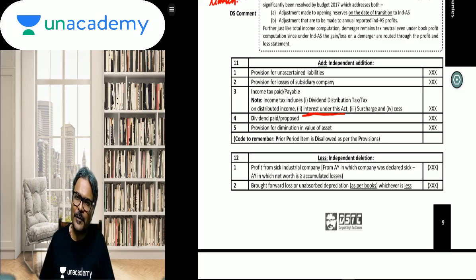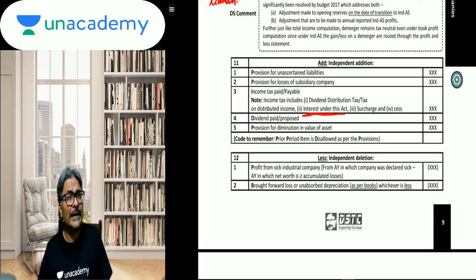Similarly, students, if you see point number 2, the provision for the losses of the subsidiary company. Now, as far as the subsidiary company, students, one thing you should know, that under the income tax law, the loss which is incurred by the person, only that person will be the one who would be allowed to carry forward the loss for the purpose of set off.